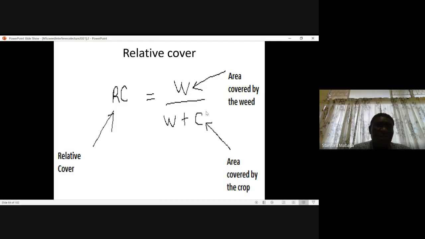Actually, students have found this approach to be easy. You simply go into a field, you move about measuring this relative cover.